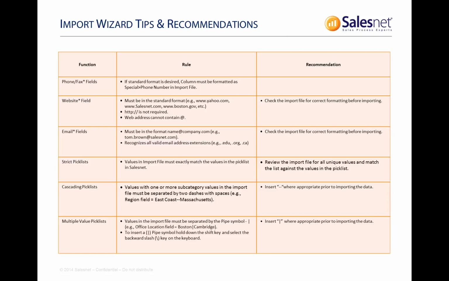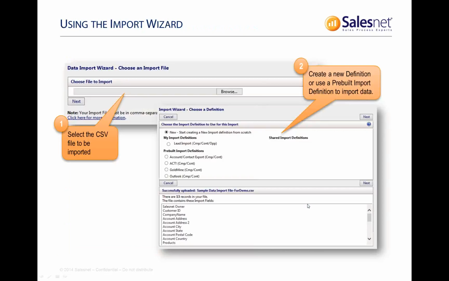Okay, and that would essentially select all 3 of those values within a multi-select list. If we're using a cascading list and we want to show selecting a value further down in the list, we put in dash dash to designate, East Coast is the parent, Massachusetts is the second value. Okay, so these are just some formatting tips for you.